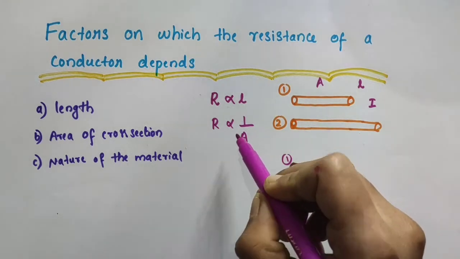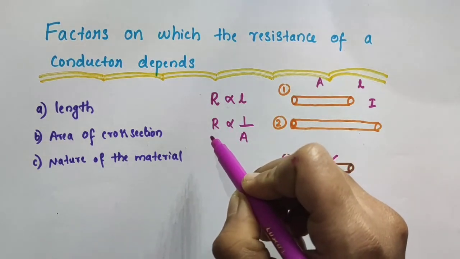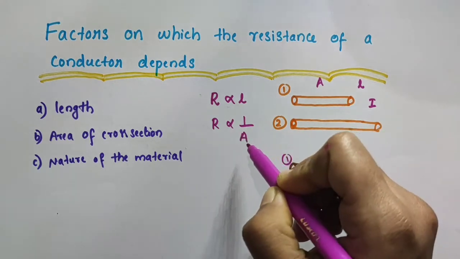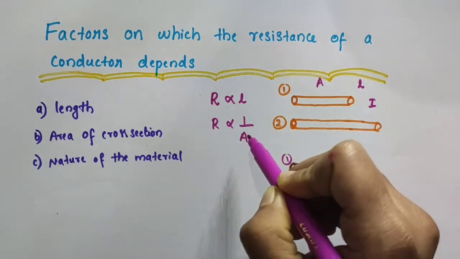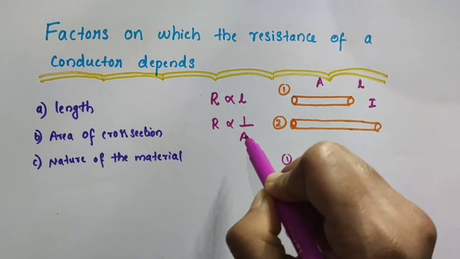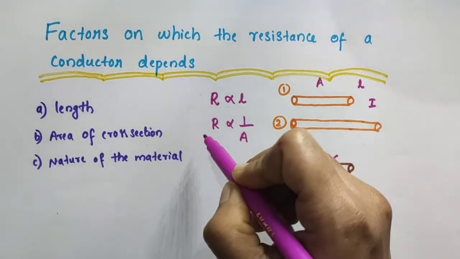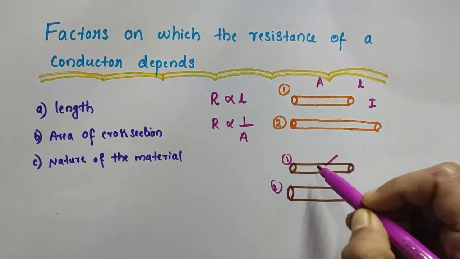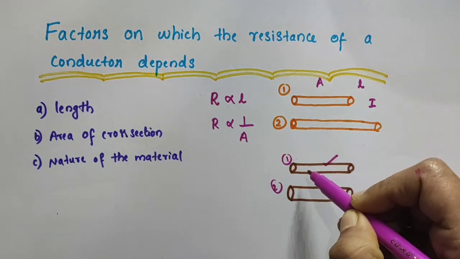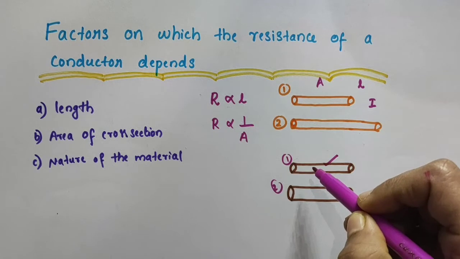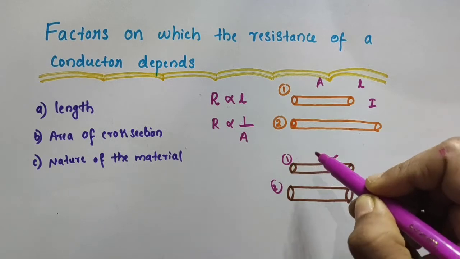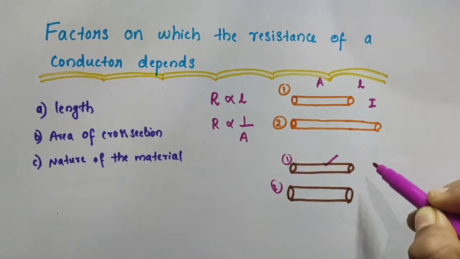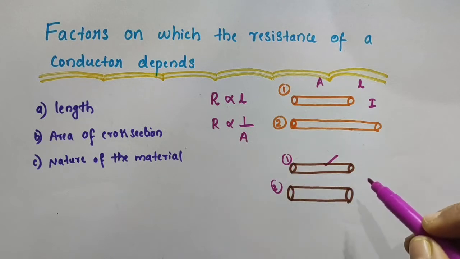Resistance is inversely proportional to area of cross-section. When area of cross-section decreases, resistance increases. So comparing these two, this one has less cross-sectional area, so it will provide more resistance to the flow of electric current through that conductor.